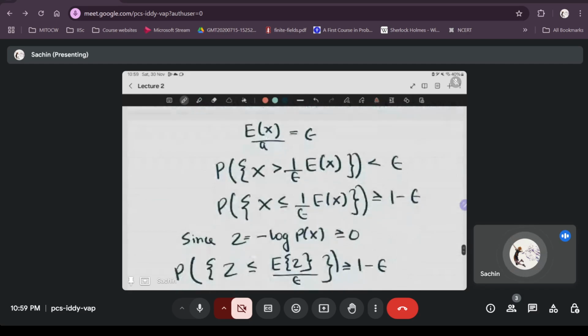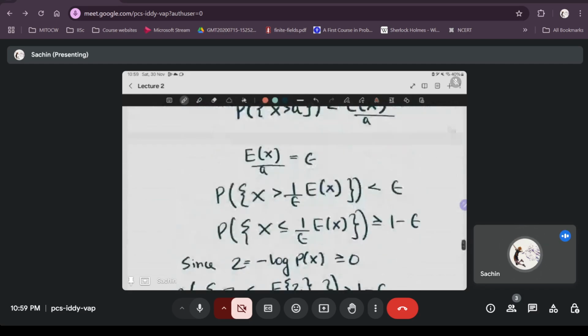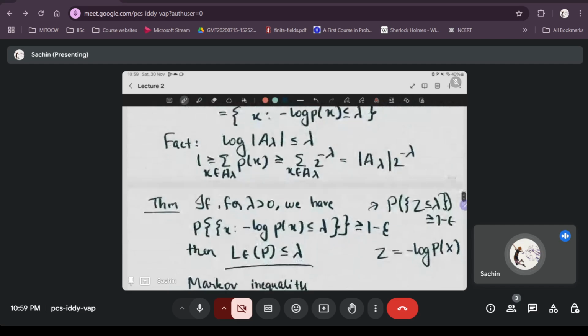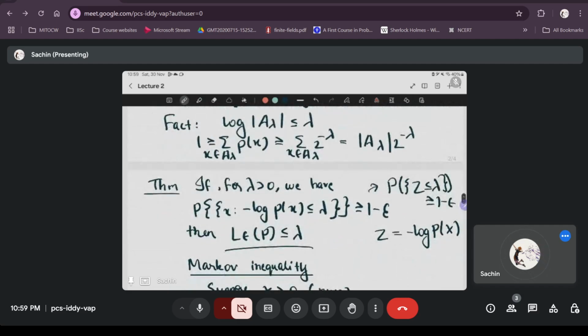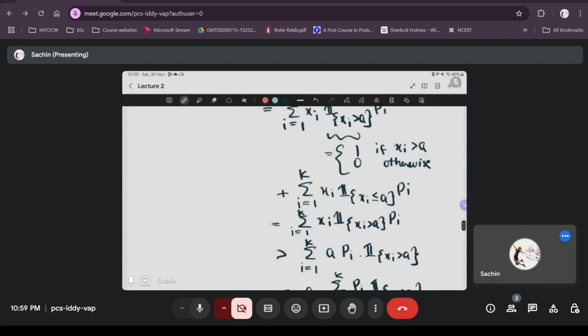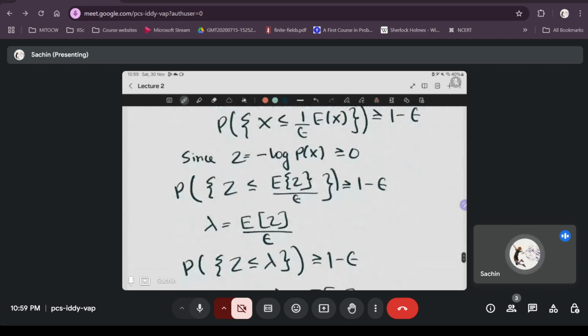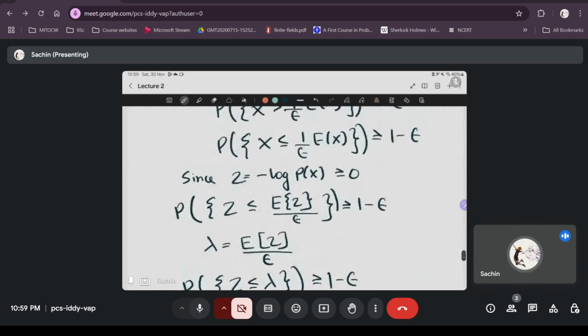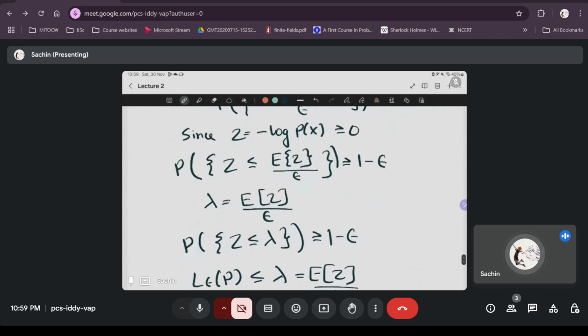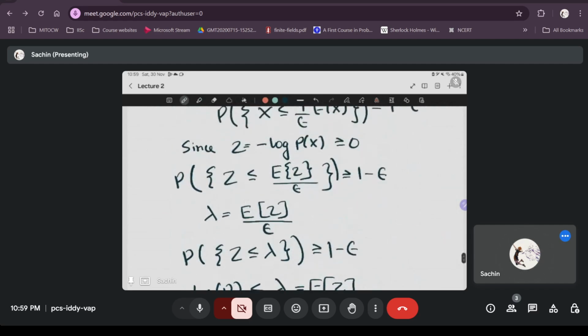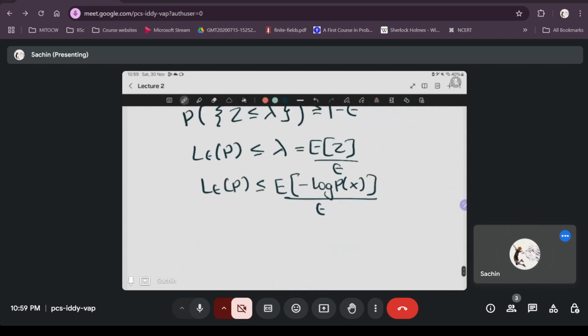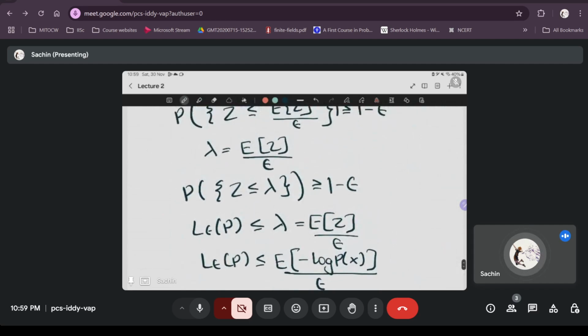And in the Markov inequality, the threshold we can arbitrarily choose. By choosing the non-negative random variable as minus log p of x and my lambda as E of z over epsilon, I get the probability of z less than or equal to lambda greater than or equal to 1 minus epsilon, which means that's a high probability set.